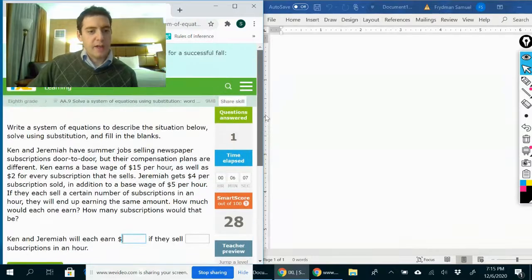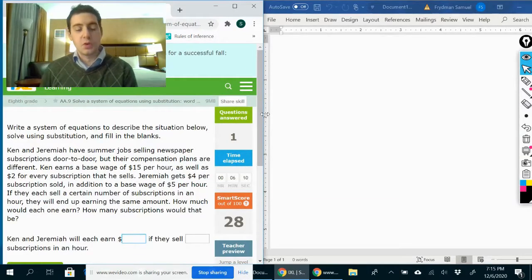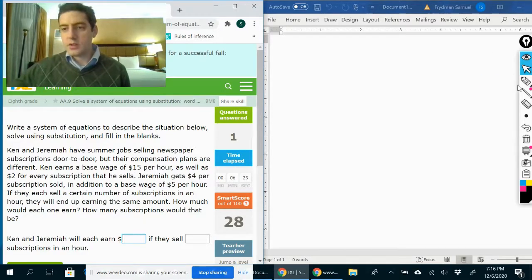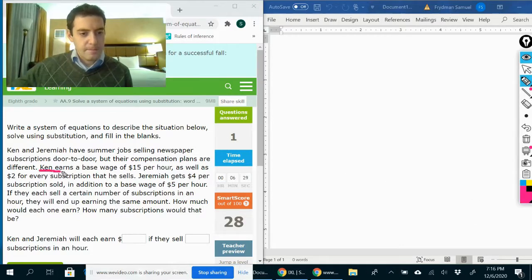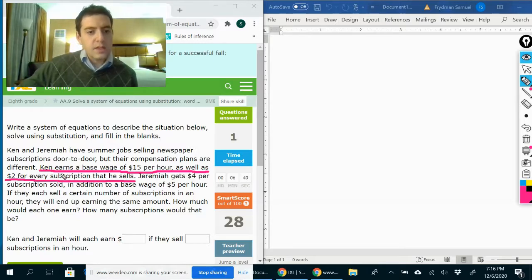Ken and Jeremiah have summer jobs selling newspaper subscriptions door to door, but their compensation plans are different. Ken earns a base wage of $15 per hour, as well as $2 for every subscription that he sells.